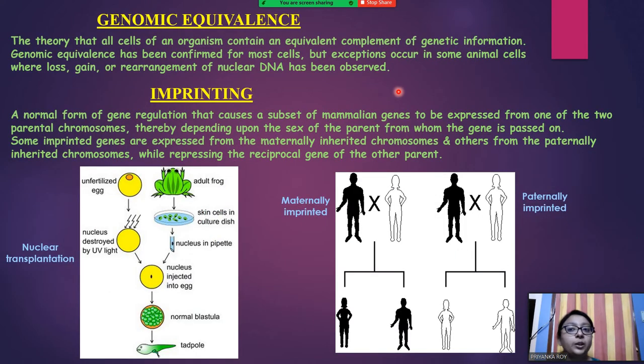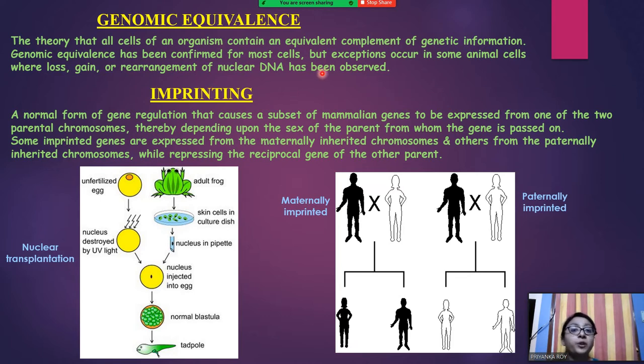So next is genomic equivalence. Genomic equivalence means whatever the DNA content of a particular cell is, that DNA content is conserved throughout the entire organism. The organism will have equivalent genetic information in all its cells, because the DNA is the same in all the cells of a particular organism.